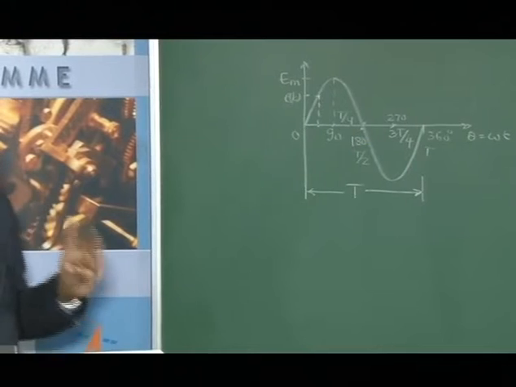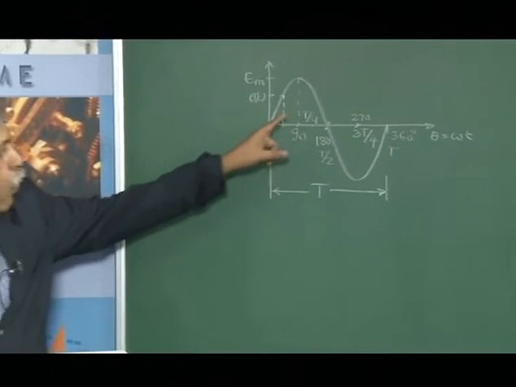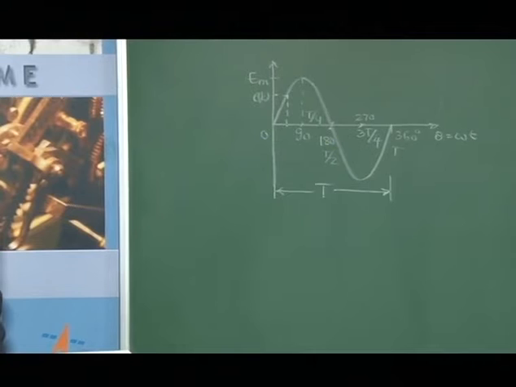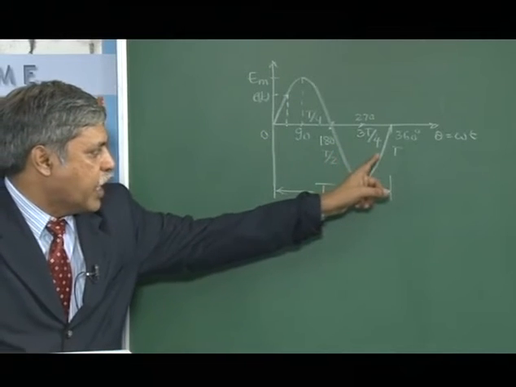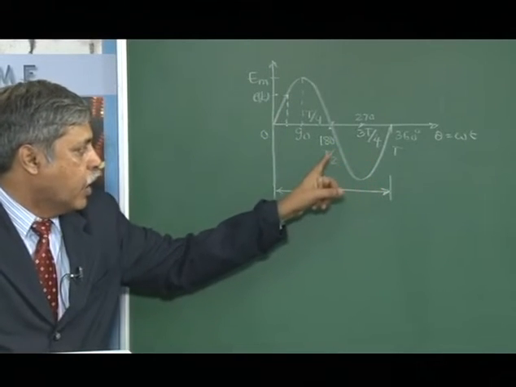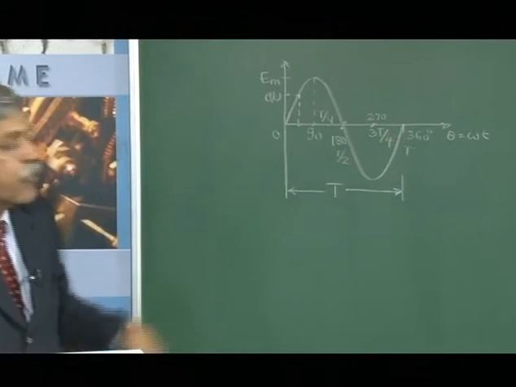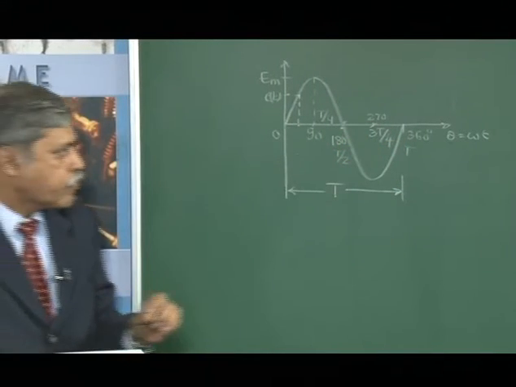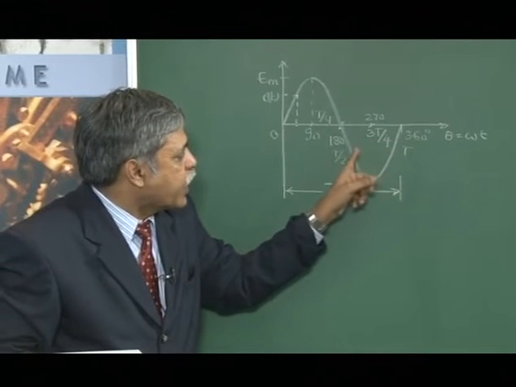One complete set of all positive values will be one positive half cycle, and similarly the set of all negative values, between T by 2 to T or 180 to 360 degrees, will give us the negative half cycle.